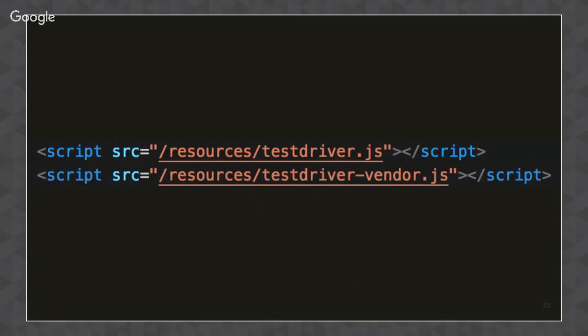To use this in web platform tests, all you need to do is include these two scripts. One is the default implementation, the other is for if there's a vendor-specific override of certain behaviors.